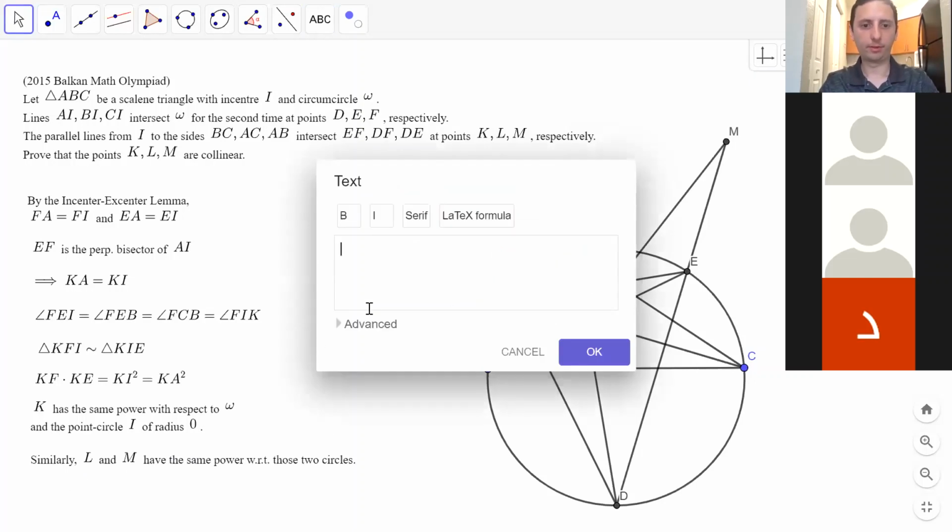So K, L, and M lie on the radical axis of those two circles, and thus are collinear.